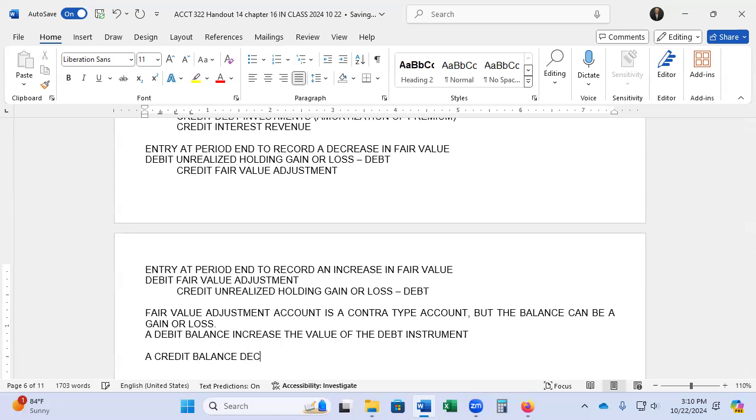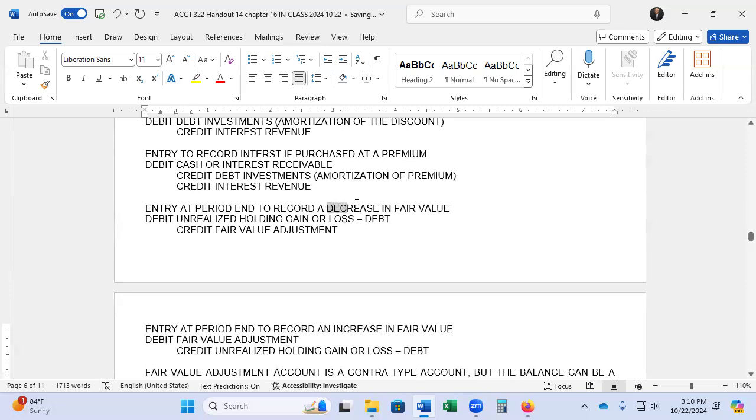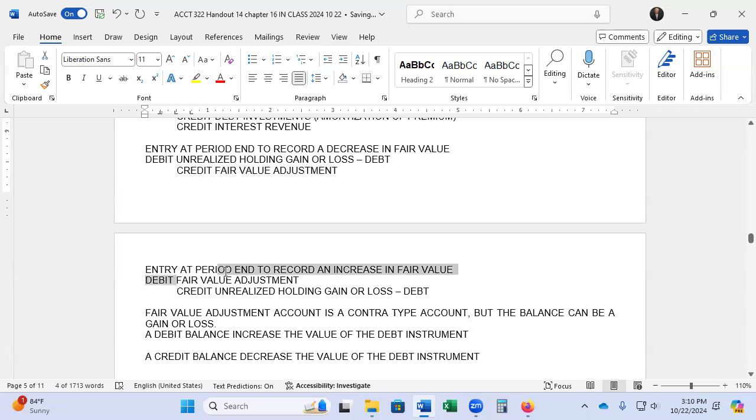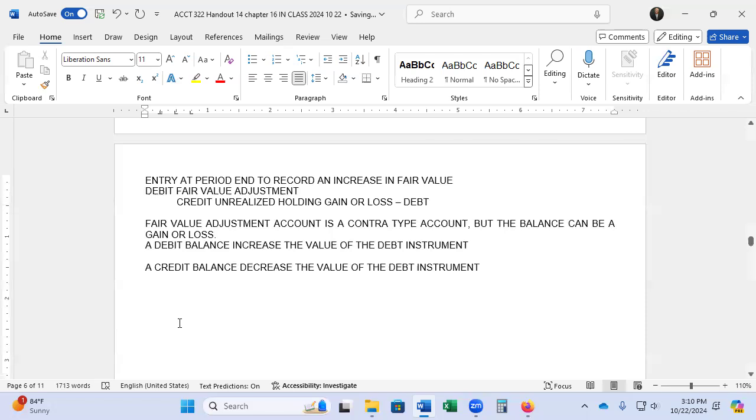Credit balance decreases value of the debt instrument. And we can see here, in the case of a decrease in the fair value, you'd have the value of your asset and then net your fair value adjustment. So that's sort of a credit would reduce an asset, right? And here it's a debit. It would increase the value of the asset. So we can see that makes sense, hopefully.